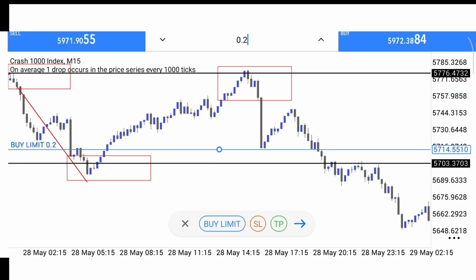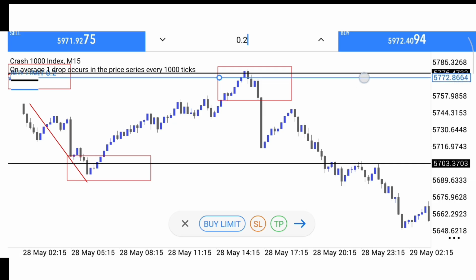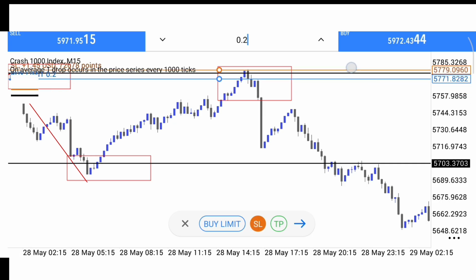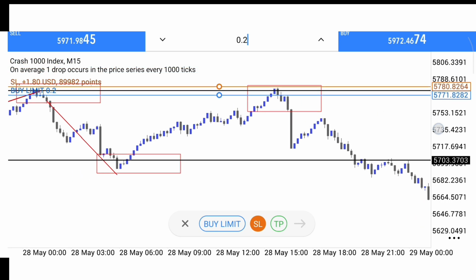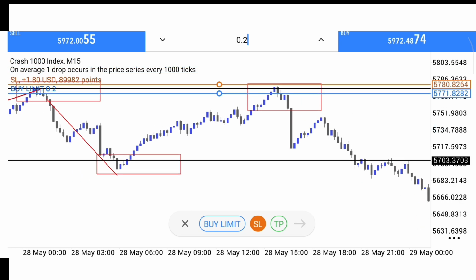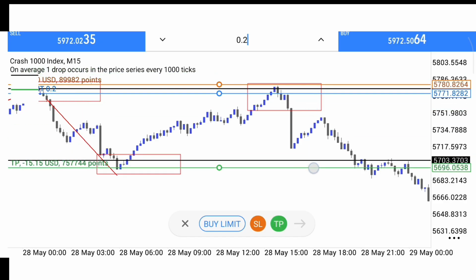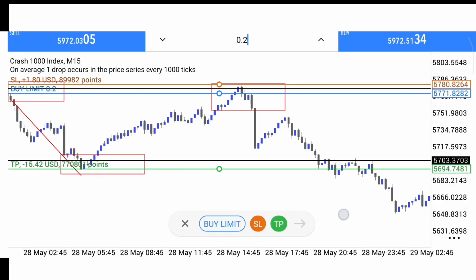So now let's imagine that you took a trade from that point after that engulfing candle, and you placed your stop loss above the engulfing candle. On this trade, you'll be risking 1.80. So if you have a $30 account, that is a very little risk for you. 1.80 to make $15.42.